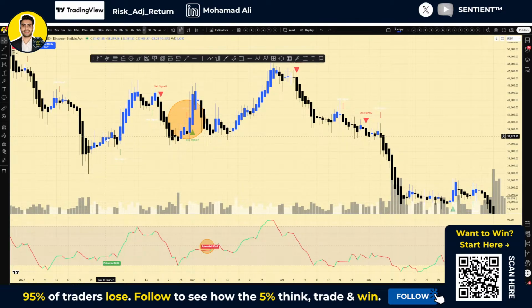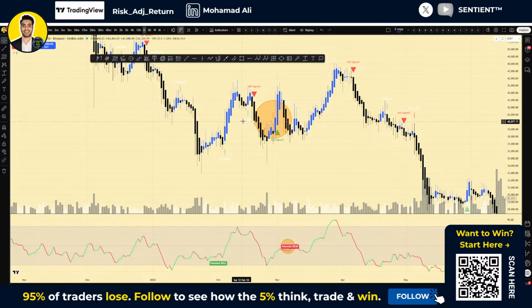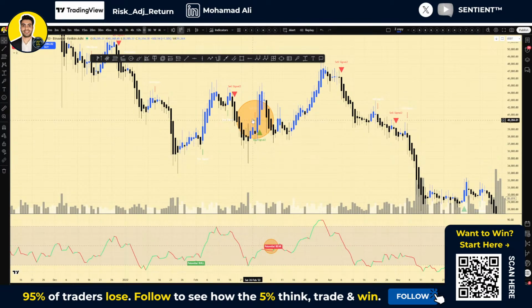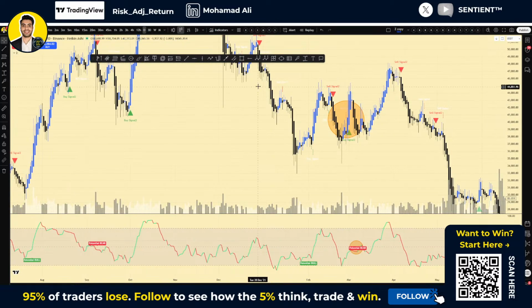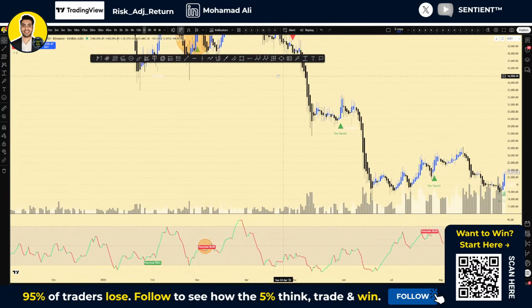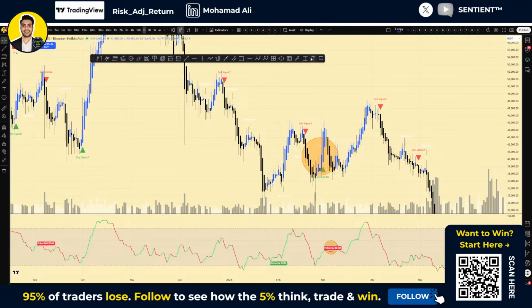That's why the accuracy of it is not 100%. When it's coming as one conflicting over here, a potential sell, is this a potential? It could be. I'm not sure of it.